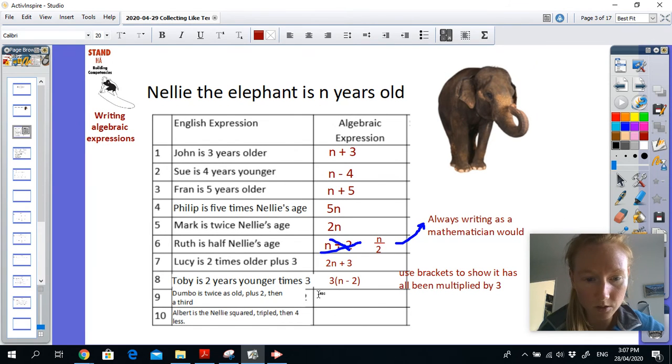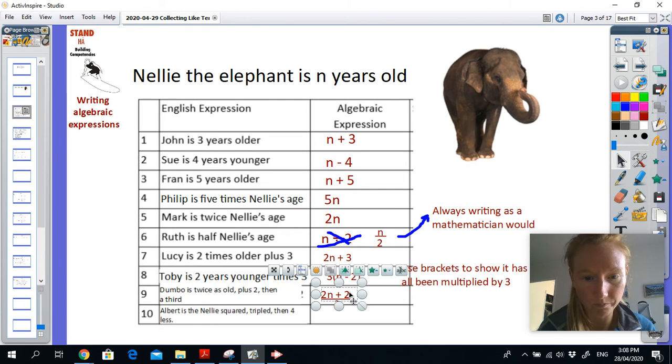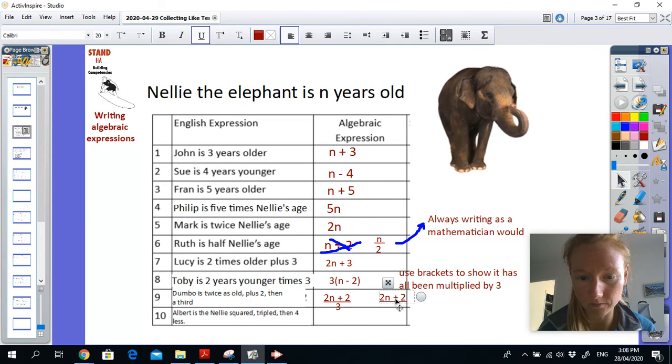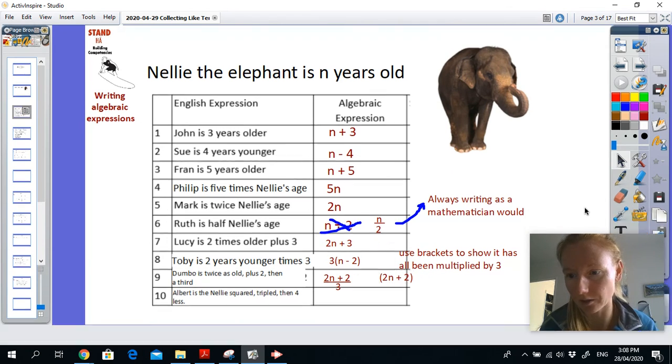Okay. Dumbo is twice as old, so 2n, plus 2 years. And then after that, we're finding a third. So all of that to find a third needs to be divided by 3. Alternatively, actually, with that one, you could have also written that using a bracket, and then writing a third in the front.